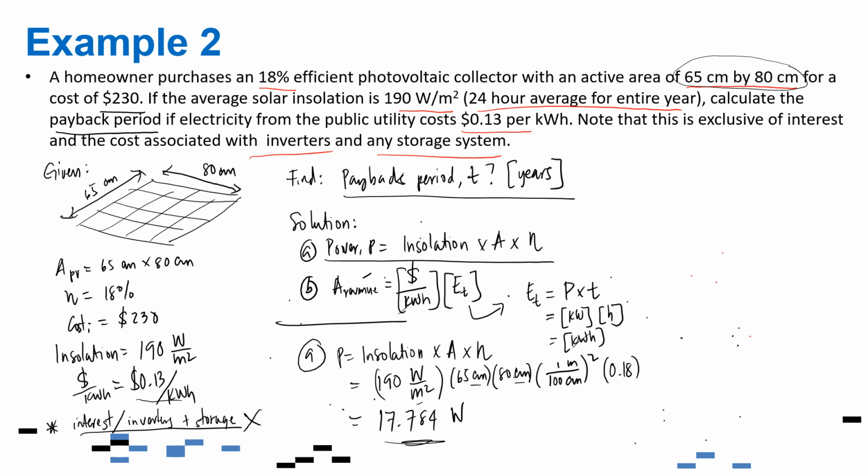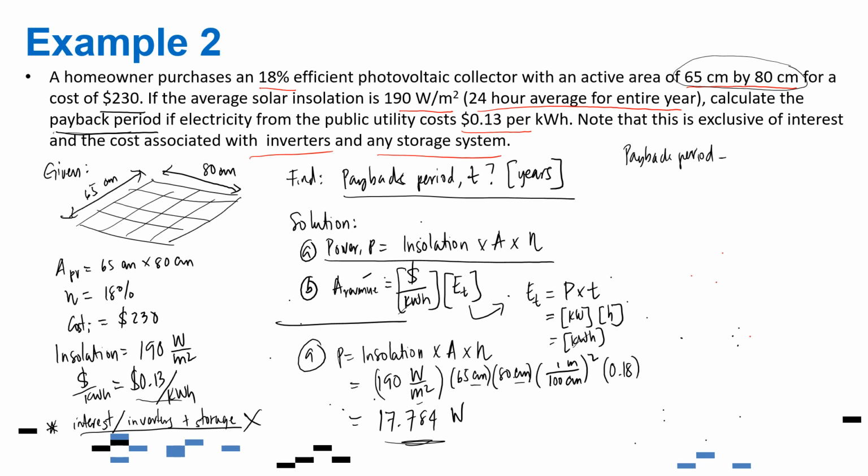So now the question is to calculate the payback period. All right, and when we say payback period, what does it mean? Payback period is the amount of time it takes to recover the cost of an investment.